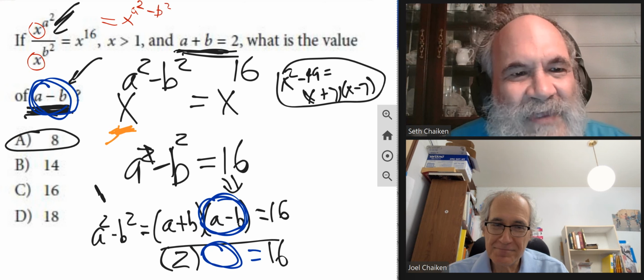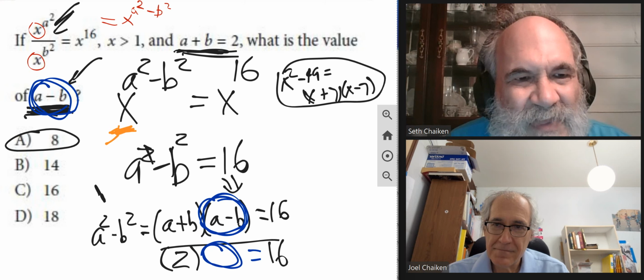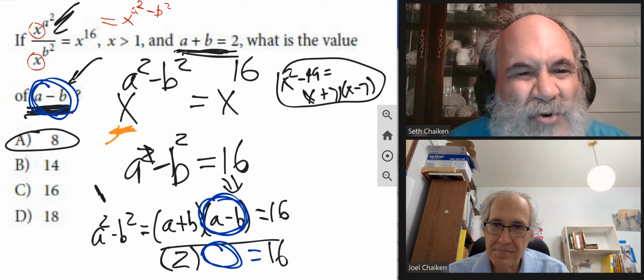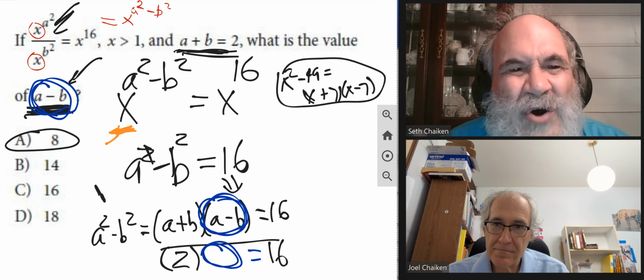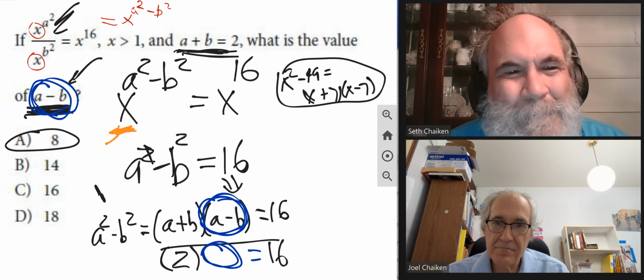And then it leads you to the fact that if you know that x to the 16th is equal to x to some unknown quantity, well, unless x is 0, then the exponents must be equal.